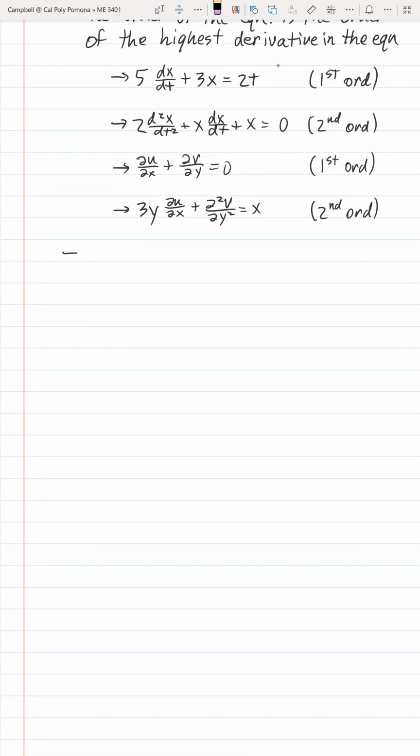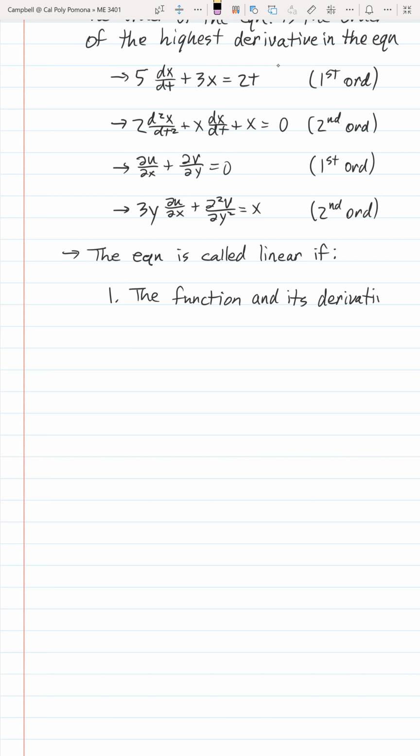Another classification is that the equation is called linear, and we'll discuss more about what linear means in just a moment, if one, the function and its derivatives are raised to the first power.